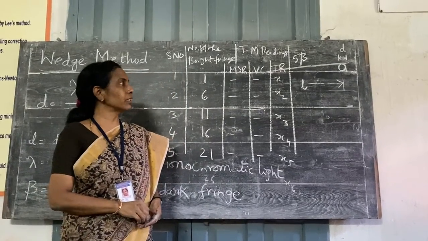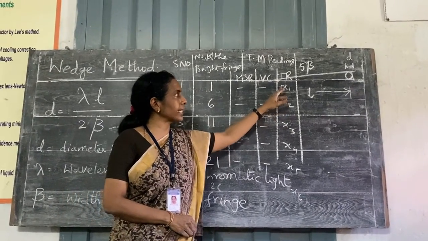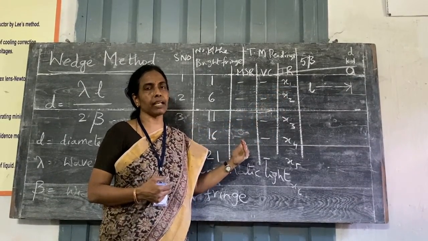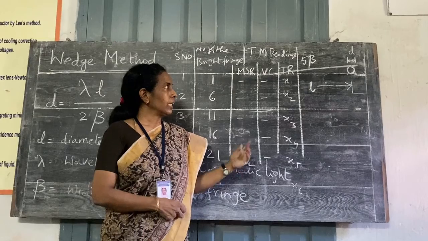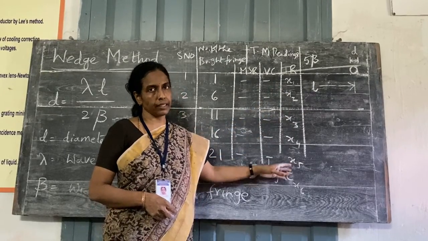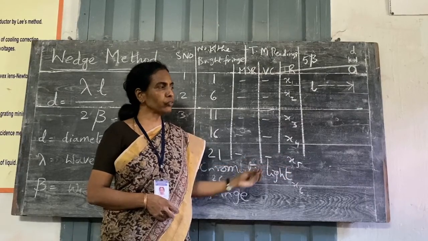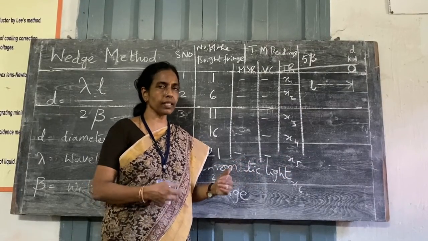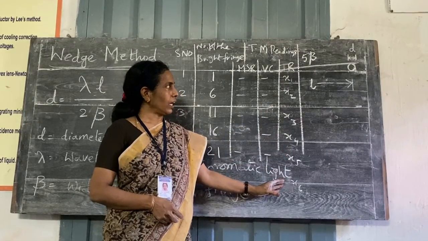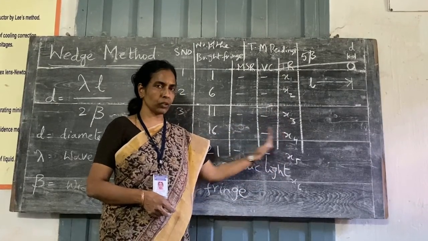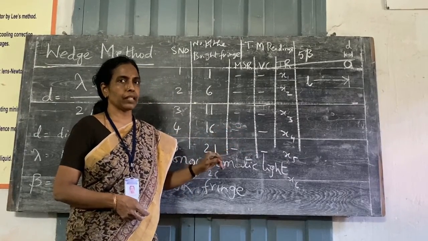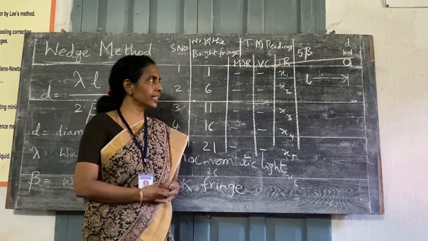The difference between x1 and x2, depending on the moving of the traveling microscope, there may be increment or decrement in the readings. If we move the traveling microscope towards the right, the readings will be increased, or otherwise when moving towards left, the readings will be decreased. Now it may be decreased or increased.